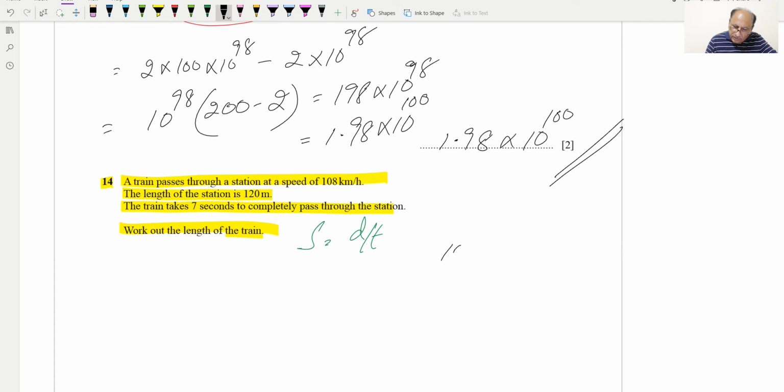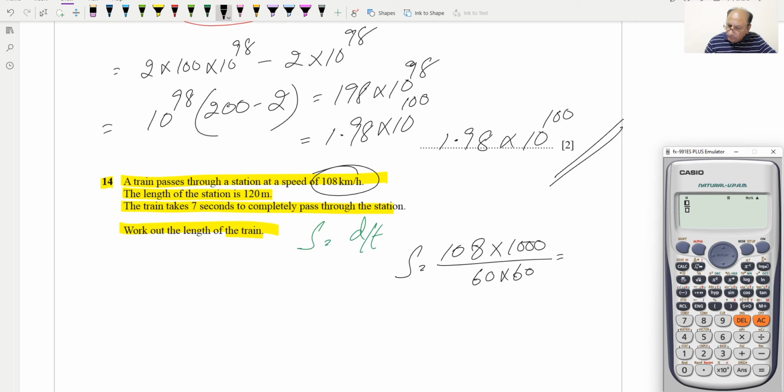Whatever they have provided is kilometer per hour, so we'll change into meter per second, so it will be 1000, divided by 60 to change to minutes and then to seconds, so this will be meter per second. If we simplify this, speed in meter per second will be 108 multiplied by 1000 divided by 60 into 60, and this will be equal to 30.